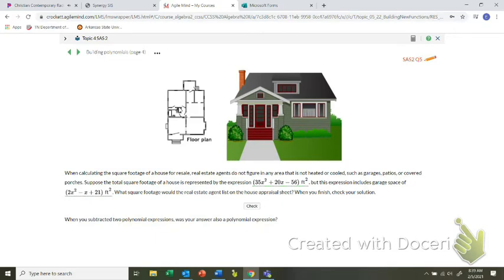Suppose the total square footage of a house is represented by the expression 35x squared plus 20x minus 56. But this expression includes the garage space of 2x squared minus x plus 21. What square footage would the real estate agent list on the house appraisal sheet?